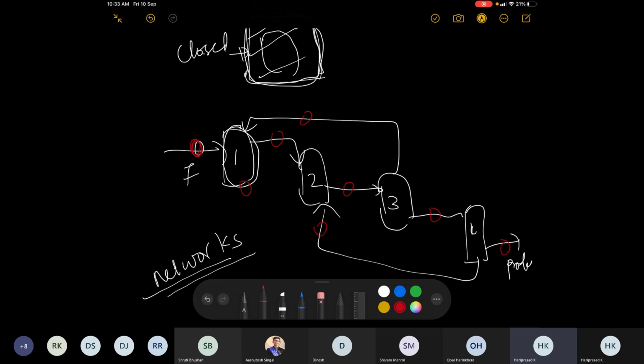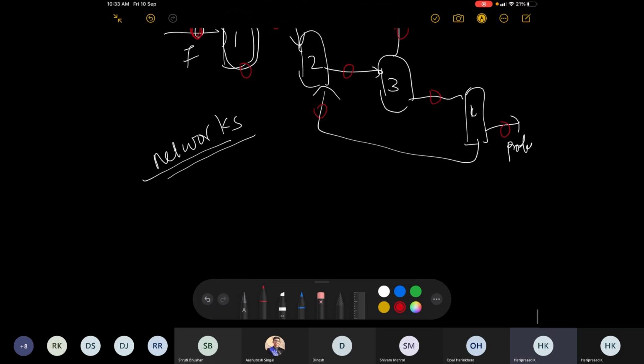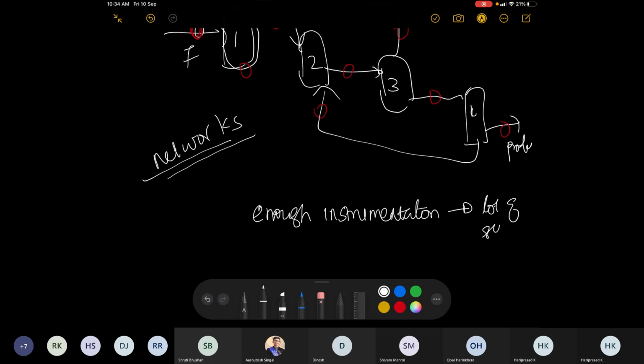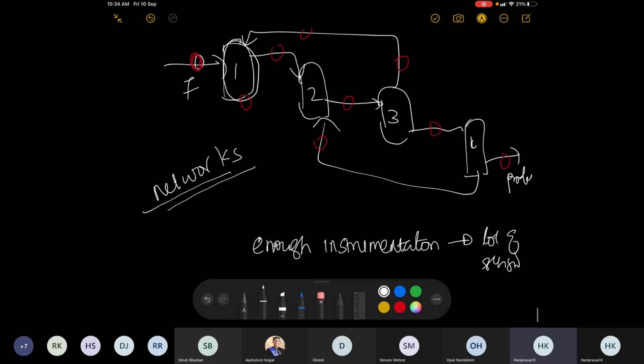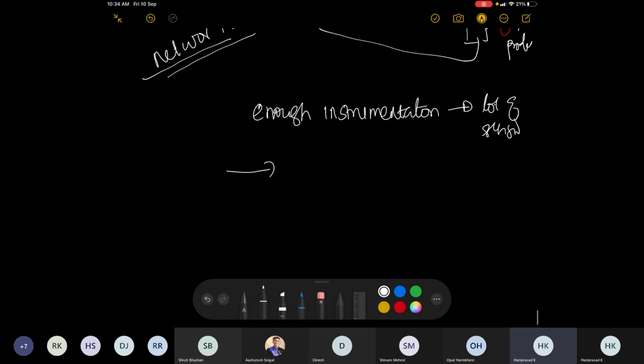So if you have enough instrumentation, which essentially means a lot of sensors, whatever is happening in the whole process would be tightly fingerprinted.